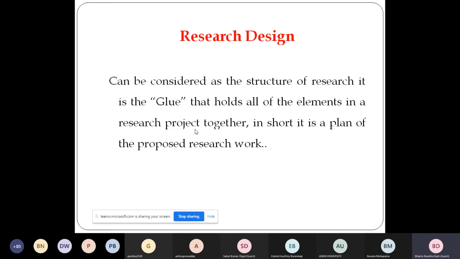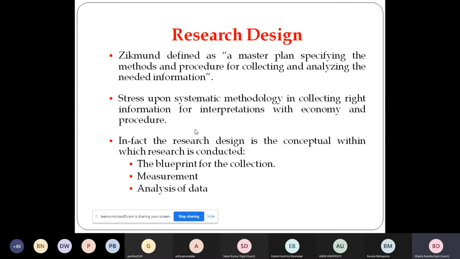So ultimately, it is a glue that clubs together all the elements. As I told you, referring to the research of the authority, Dr. Zygmunt, it is a kind of master plan specifying the methods and procedures that allow for collection and analysis of your information.